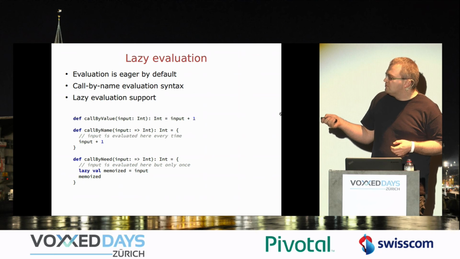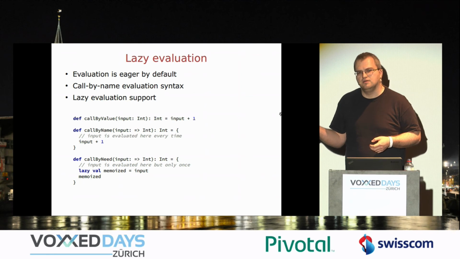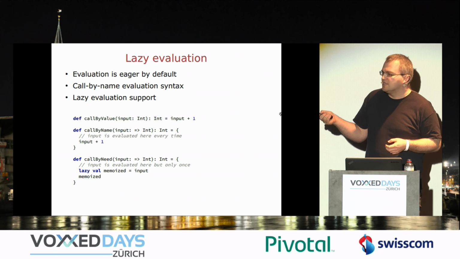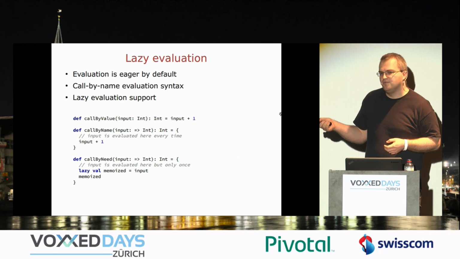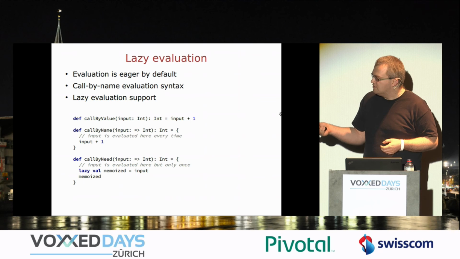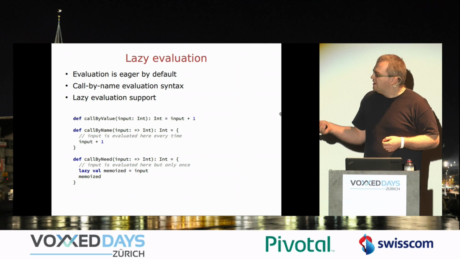But this usually becomes useful only when we can convert it to so-called call by need. Call by need is exactly the same thing as call by name, except we memoize. That means the first time we evaluate the argument here, we can declare a lazy val and put the input, whatever expression this is, into the lazy val. And as you can probably guess, the lazy val will be evaluated only the first time.